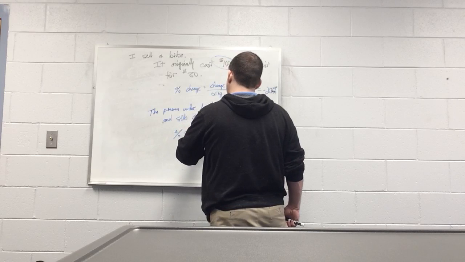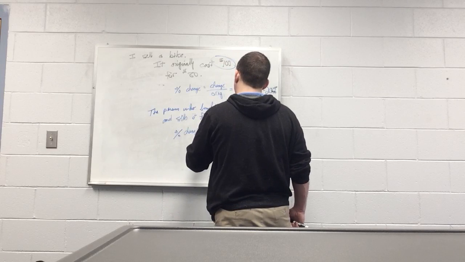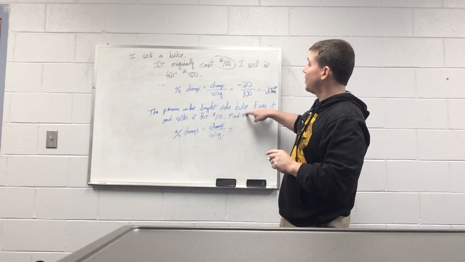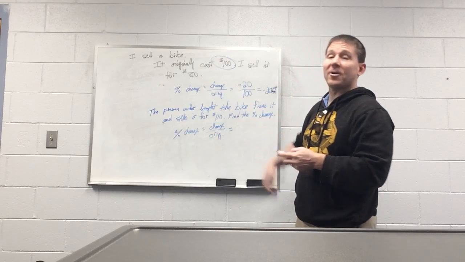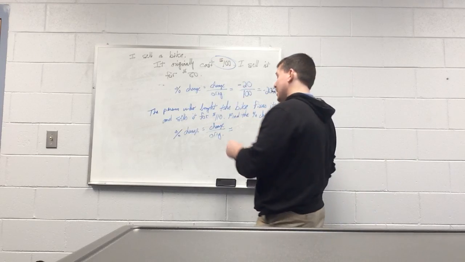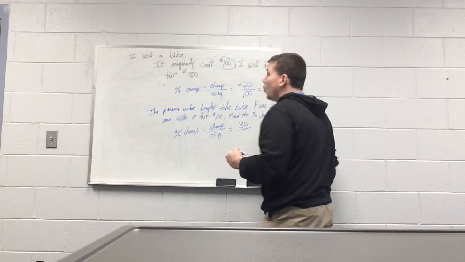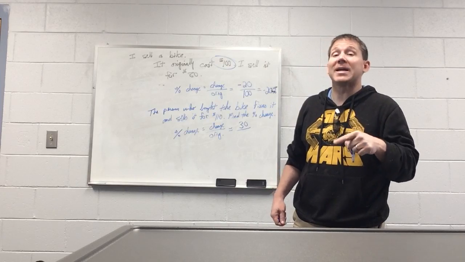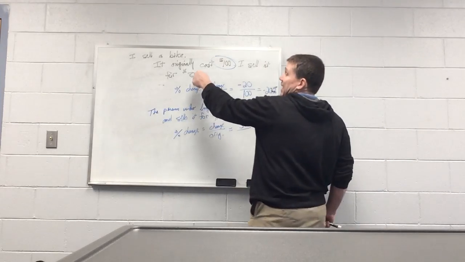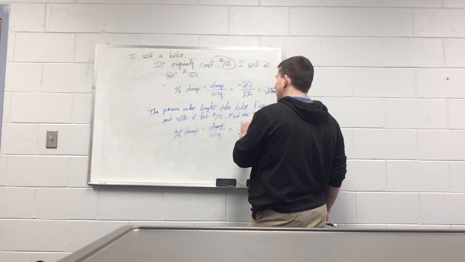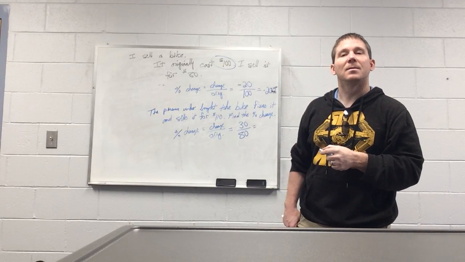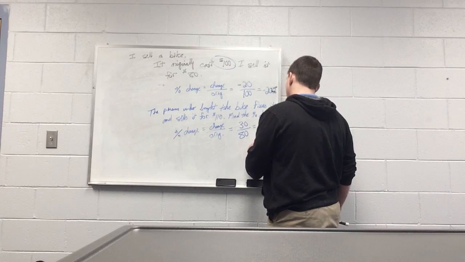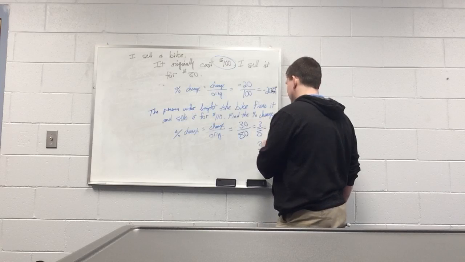Percent change is change over original. The change here, he bought the bike for $80. He sold it for $110. What's the change? $30. What's the original? Here, the original was his original price, which is the amount he bought it for. He bought it for 80. So it's 30 over 80. Which then gives me 3/8, which if you put it into your calculator, will be 37.5%.